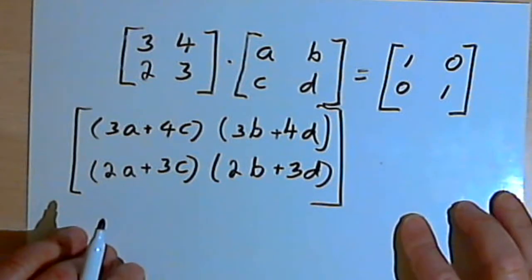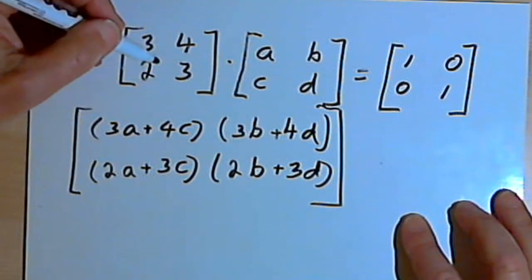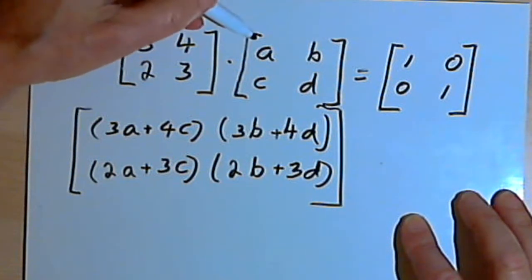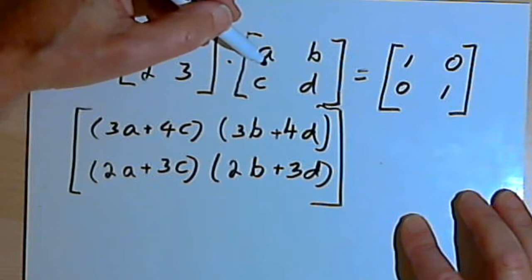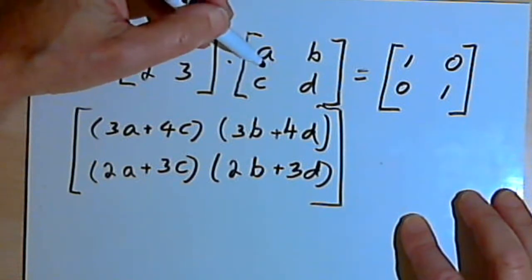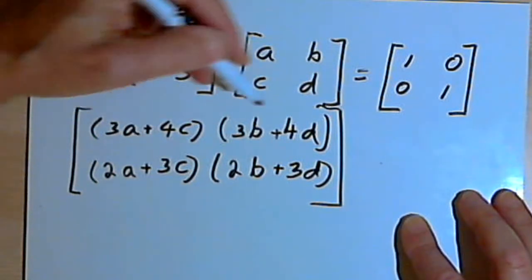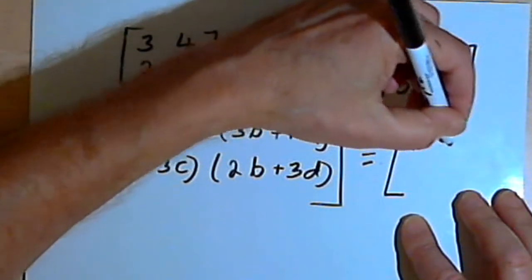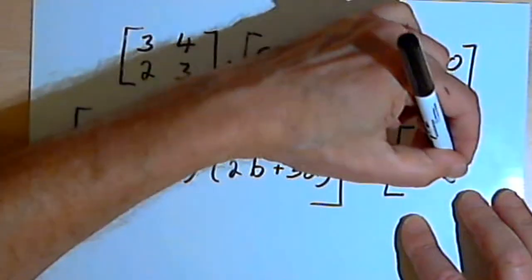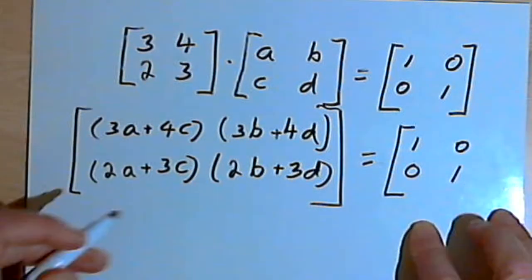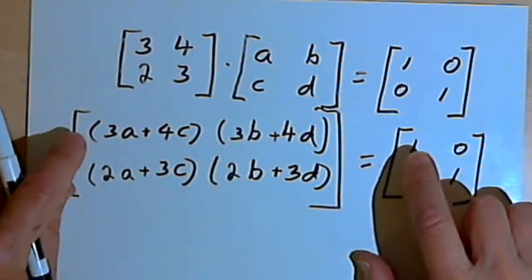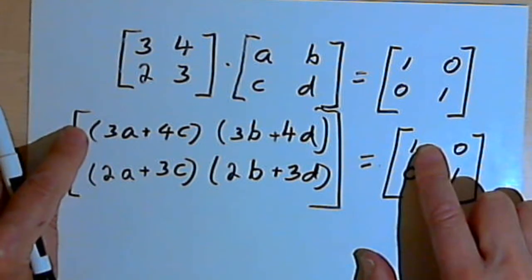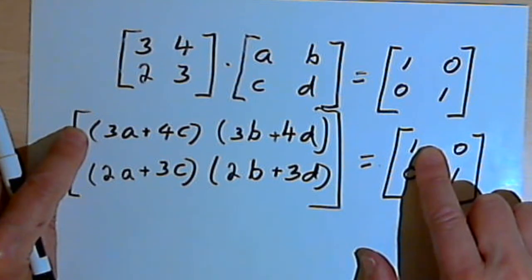And so now I've got the product of those two matrices, the original matrix and what I made up with just letters as its inverse. That product should still equal the identity matrix. If two matrices equal each other, the elements in corresponding positions will also equal each other.